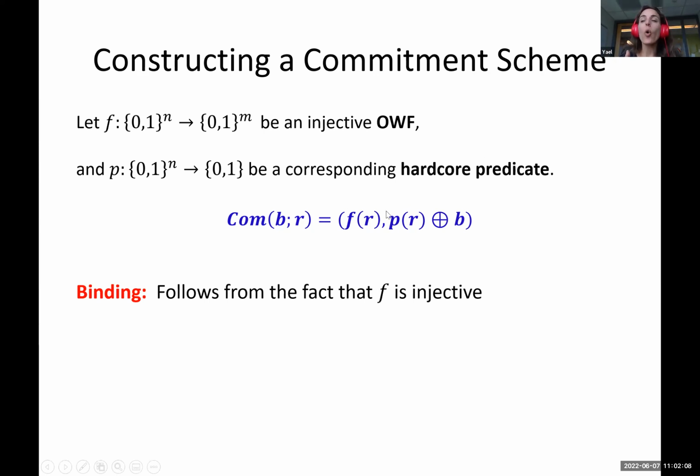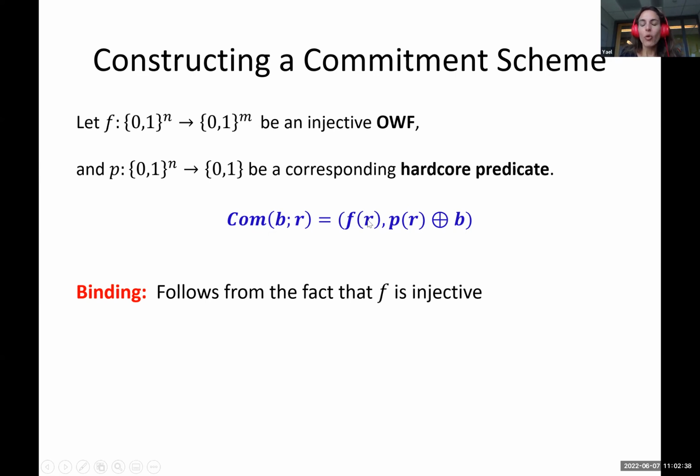Why can you open only to one thing? The reason is, because f is injective, there's only one R that will coincide with f of R, and then there's only one B that will correspond to the value. To be accepted, you'll have to give B and R such that f of R is indeed the value.